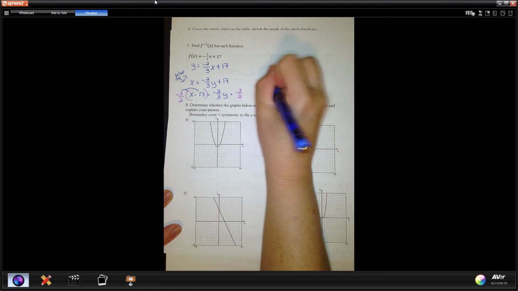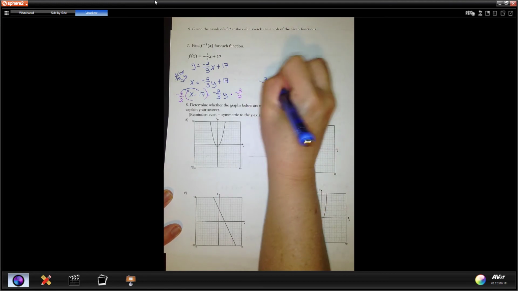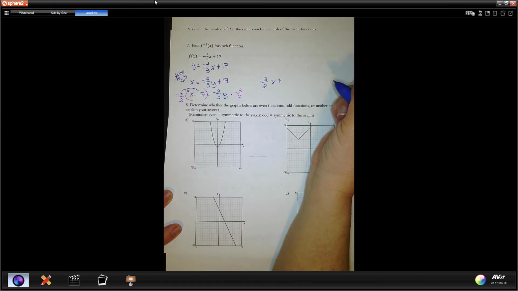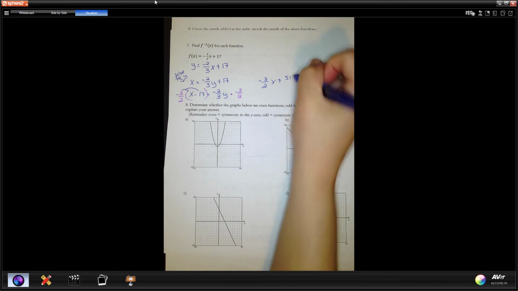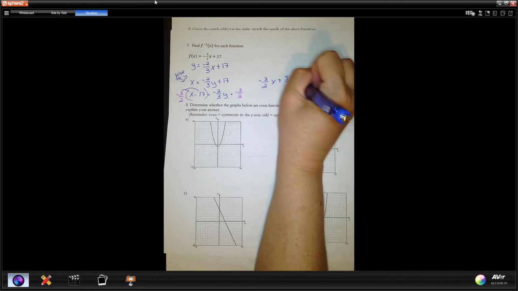So we have negative 3/2 x plus, I don't know that off the top of my head, negative 17 times negative 3/2, 51/2, so plus 51/2, equals y.